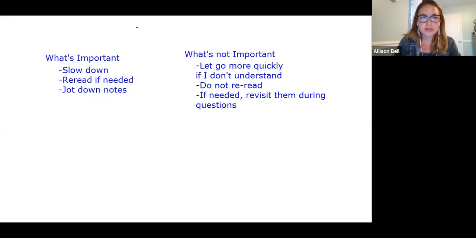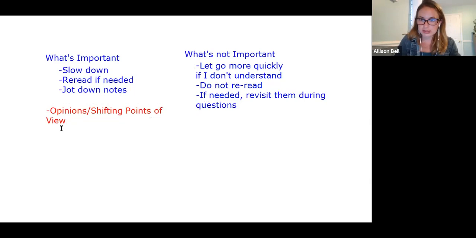On the list of things that are important, there's a couple that really are what you need to track on any reading comprehension passage. The biggest one is you want to pay attention to opinions that are stated throughout the passage, or what I think of as shifting points of view.